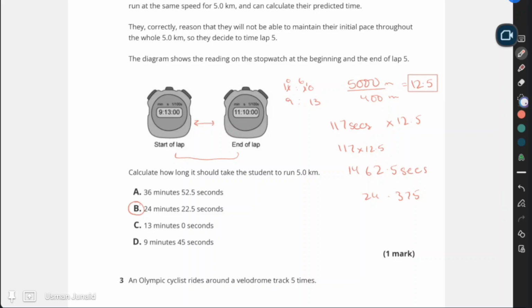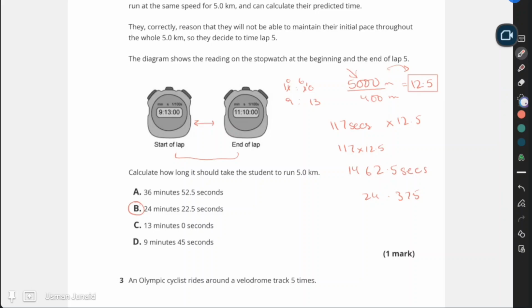Yes. So that's what he did. And he found the time it takes for him to run one lap, and he multiplies this by 12.5, and now he knows how long it will take to run the entire 5 kilometers. Okay, makes sense.